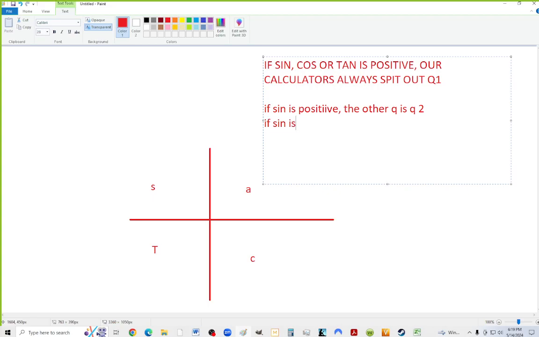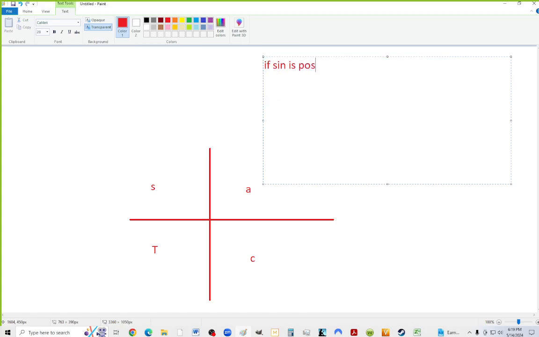Let's do it by sine, cos, tan. If sine is positive, our calculator spits out quadrant 1. The other quadrant is 2, according to CAST.